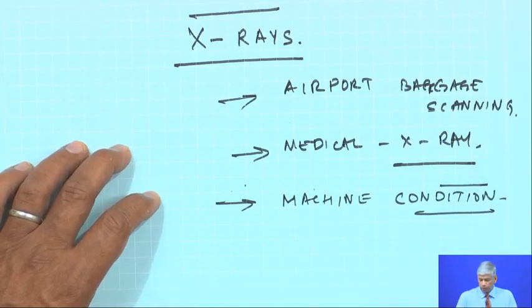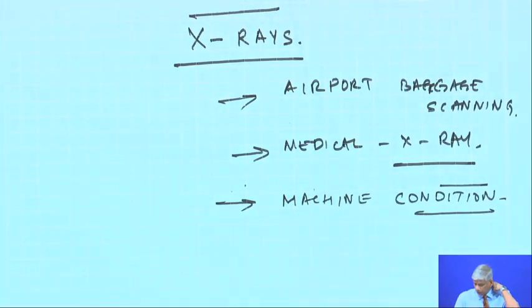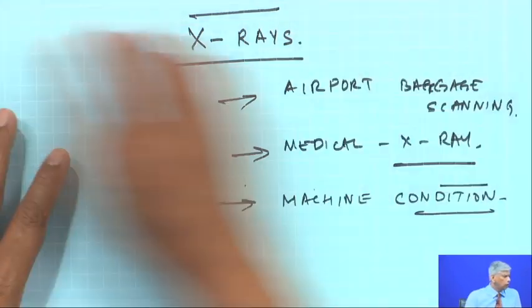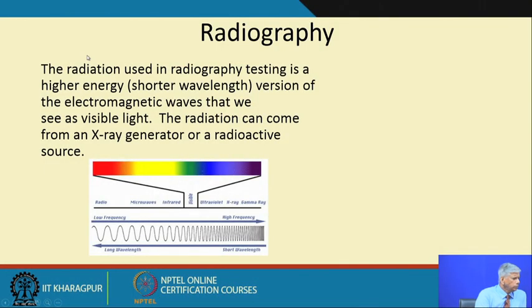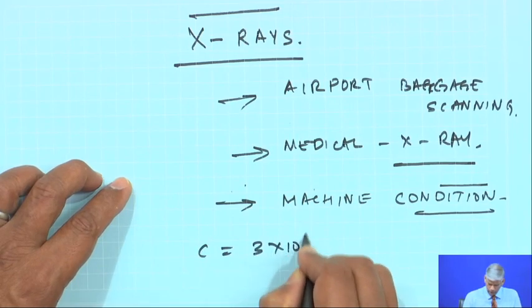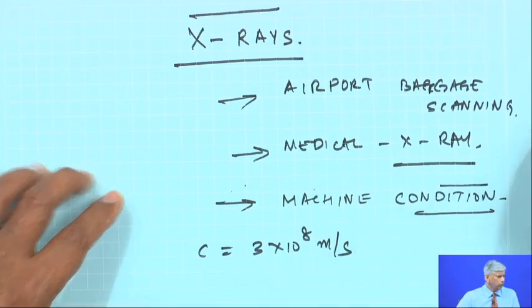But mind you, I must tell you that these X-rays, let us look at the electromagnetic spectrum. They are all part of the electromagnetic spectrum. The speed of light c is 3 × 10⁸ meters per second.